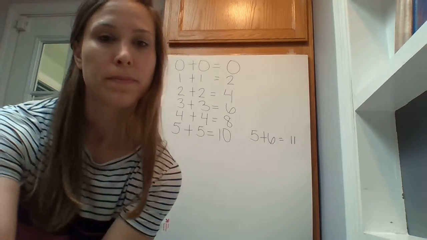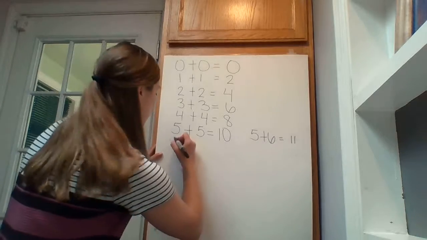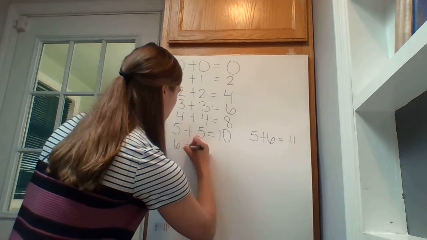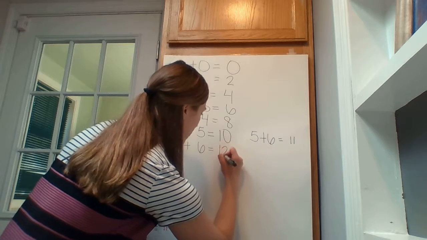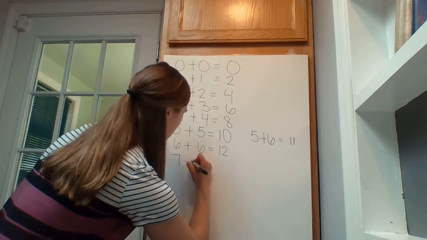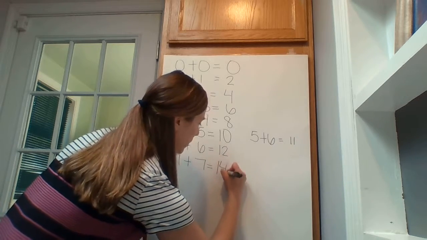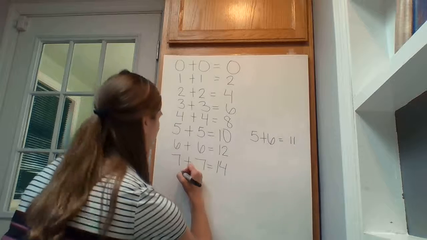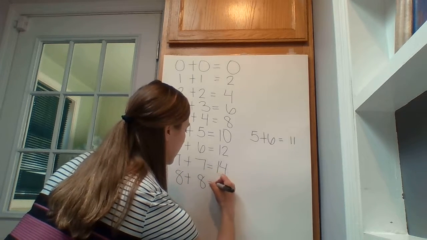Of course, we have our 5 plus 5 equals 10, and then we could keep on going to 6 plus 6 equals 12, 7 plus 7 equals 14, 8 plus 8.